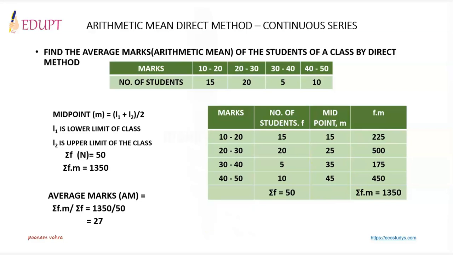Finally, one can find the arithmetic mean by applying the formula: summation of frequency and midpoint divided by summation of frequencies, which is in this case 1350 by 50, so we get 27. So the interpretation is that the average marks obtained by the students are 27.